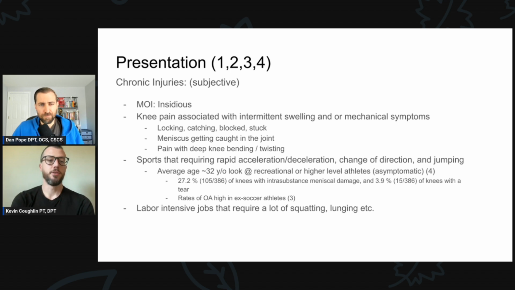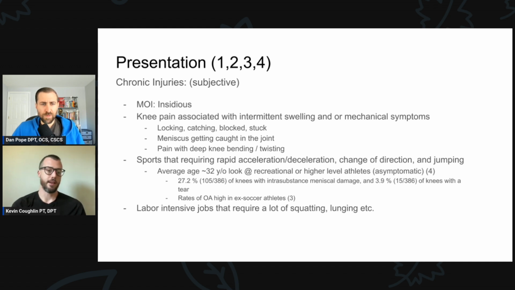All right. And then if we just get into our more chronic type person. So again, perhaps this is an older person coming in with knee pain. Their mechanism of injury, they might not know when this started. They've had gradual knee pain for several months, perhaps years, or it could be a little bit more recent. So the knee pain is associated with intermittent swelling and/or mechanical symptoms. I think Dan made a good point, right? Not every single time.